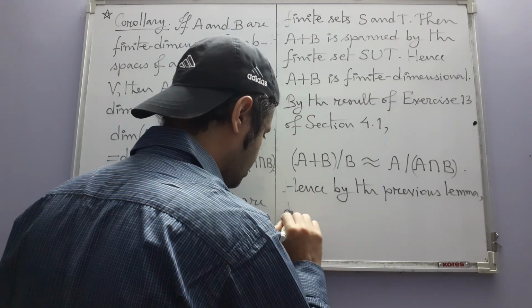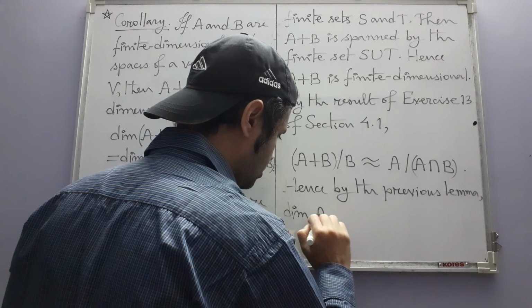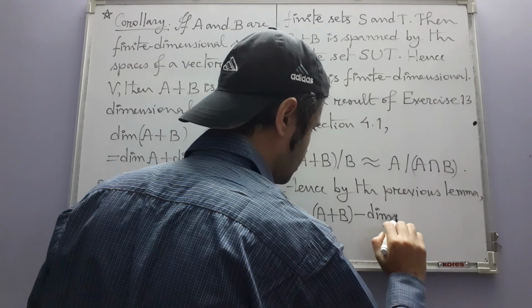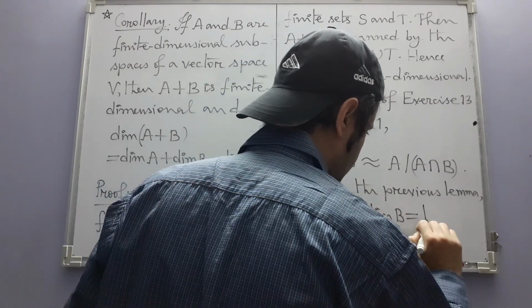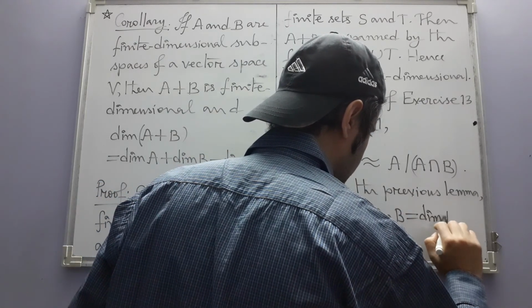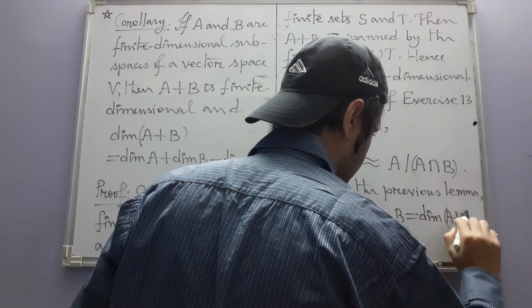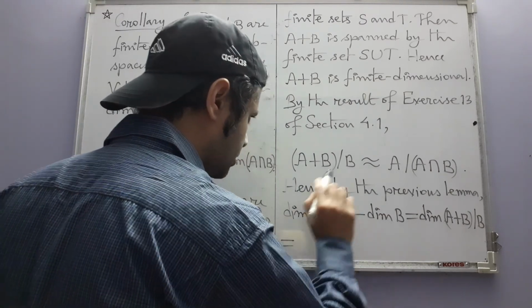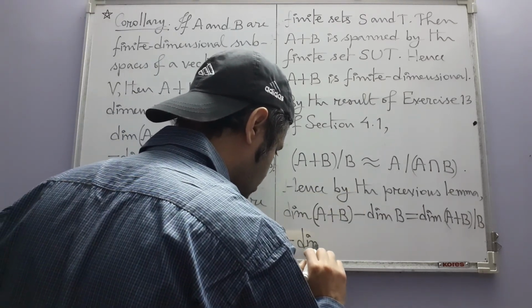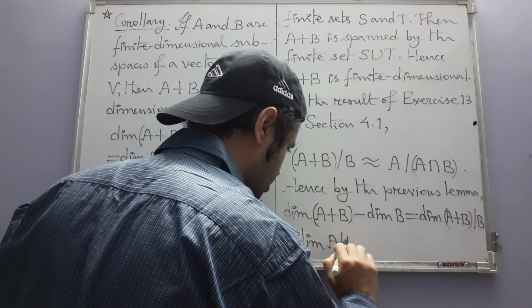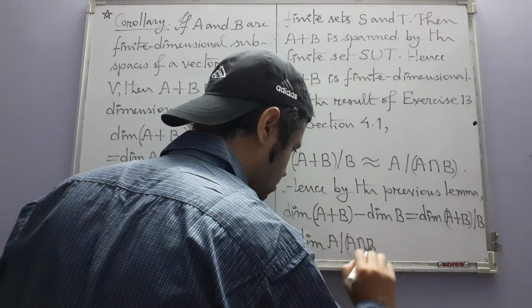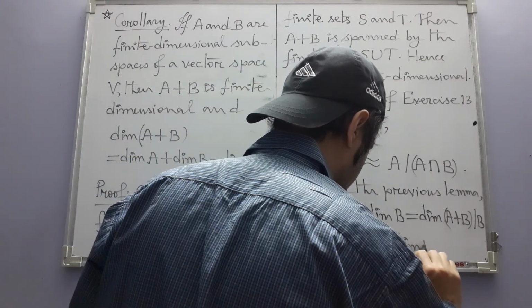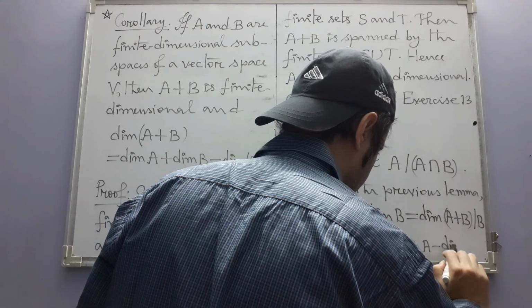So we have this dimension of A plus B minus dimension of B is equal to the dimension of this quotient, and that is equal, due to this isomorphism, to the dimension of this other quotient, which again by the previous lemma is the difference of these two dimensions.